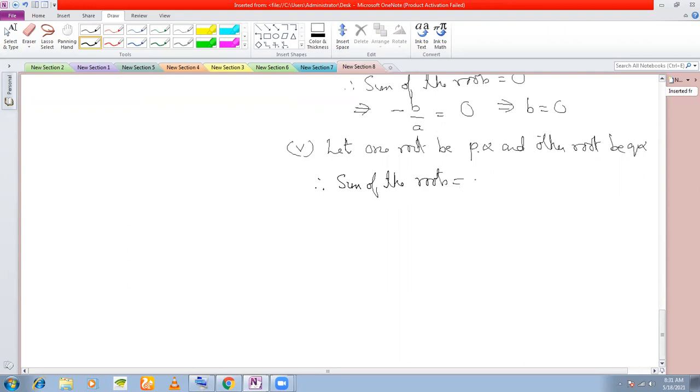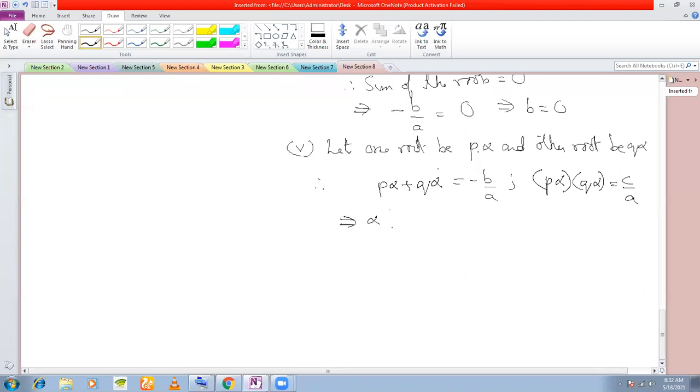Sum of the roots here is minus b by a, and the product of the roots. Let me write the sum directly. Sum of the roots here is p alpha plus q alpha, right? And what is the product of the roots? p alpha into q alpha is equal to c by a, right? Now, what do we get?